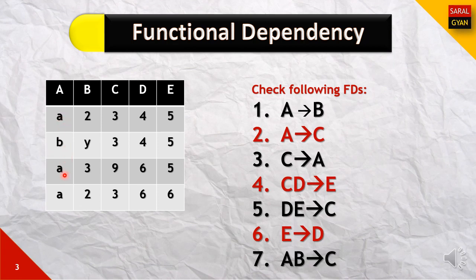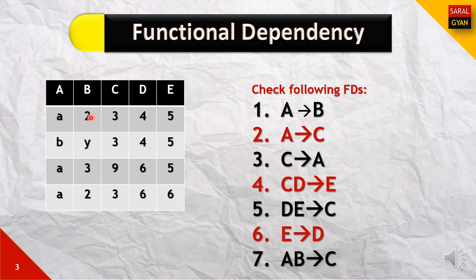Now I have to see beta, and since attribute B is beta, the value of T1 of beta is 2 and here it is 3. In spite of T1 of alpha equaling T2 of alpha, T1 of beta is not equal to T2 of beta. That means 2 is not equal to 3.